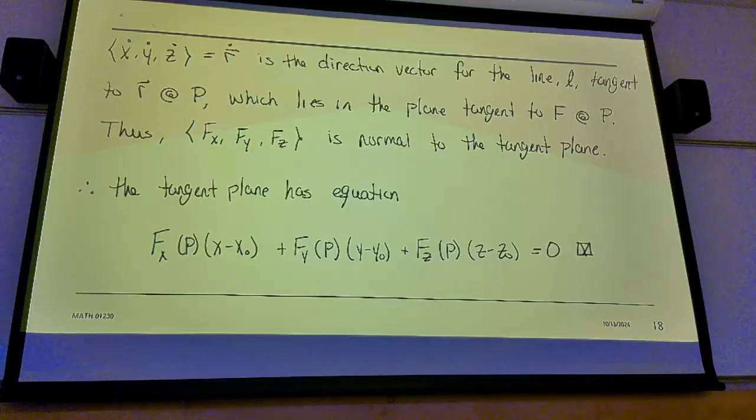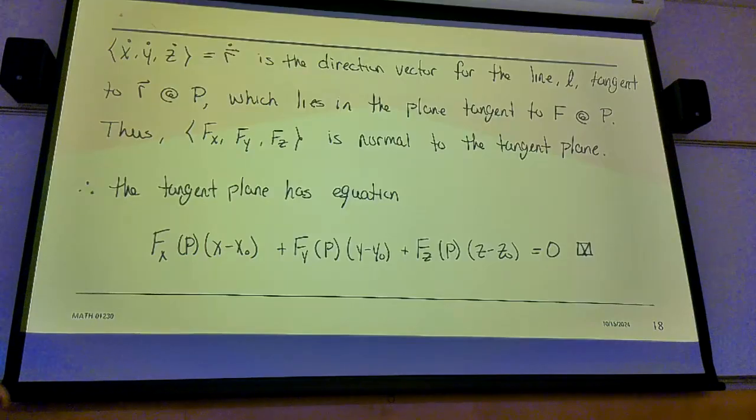Well, didn't we just say that f_x, f_y, f_z is perpendicular to our tangent direction vector? Yes. And if that tangent direction vector lies in a plane, then it would have to be normal to that plane, right? That means that is the normal vector for the tangent plane.